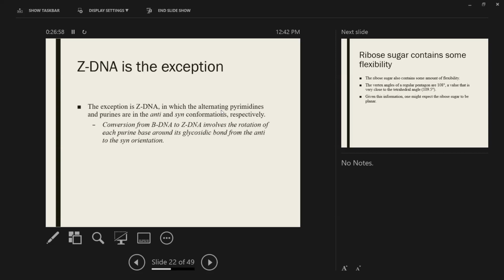And when DNA converts from the B version to the Z version, you get the rotation of each purine base around the glycosidic bond from the anti to the syn orientation. The pyrimidines are still in the anti configuration. In Z DNA, it's the purines that are in the syn orientation.